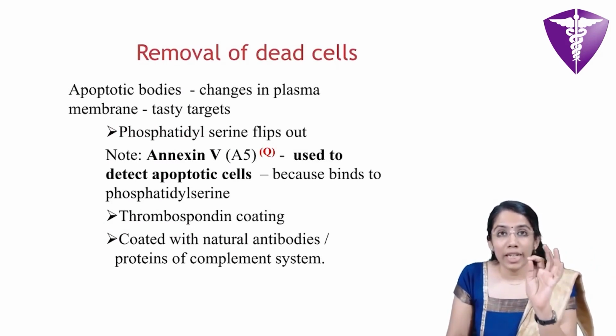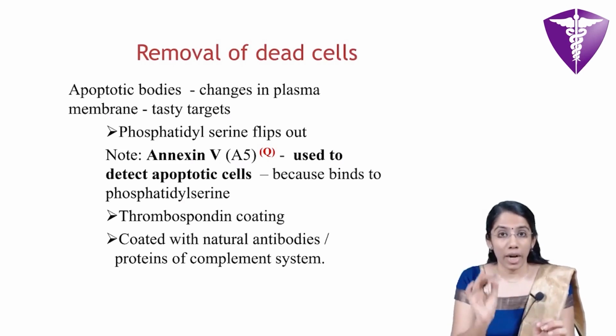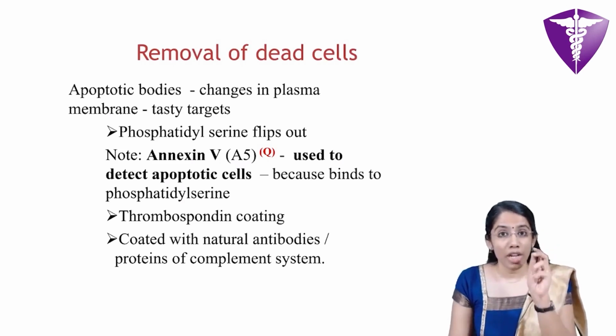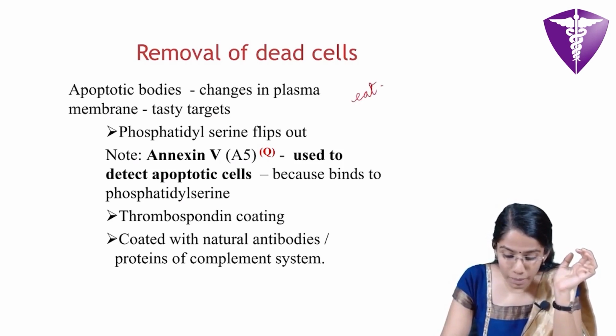As I already said, in apoptotic bodies and apoptotic cells, the plasma membrane remains intact, but the membrane undergoes such alterations that it becomes an easy target, a tasty target, for macrophages and other phagocytes. Mainly, the apoptotic fragments send out eat-me signals.